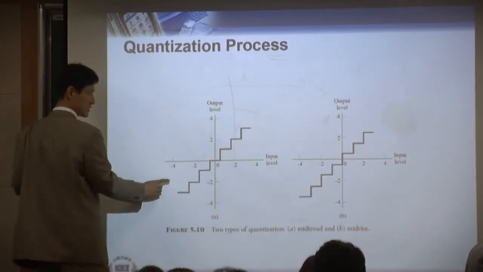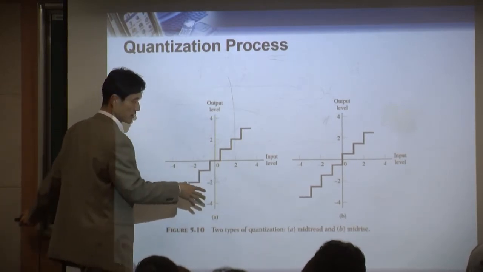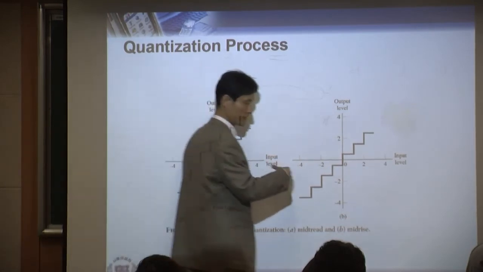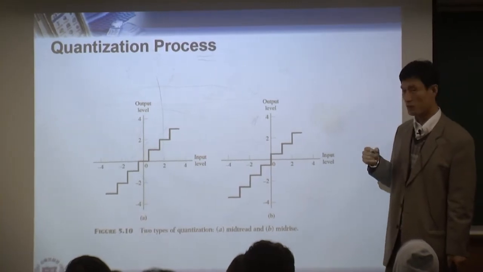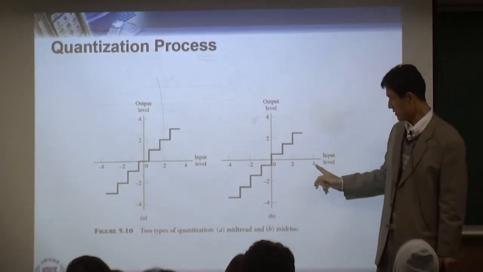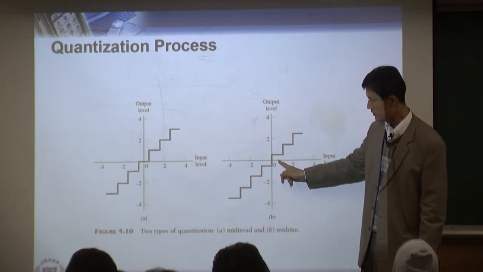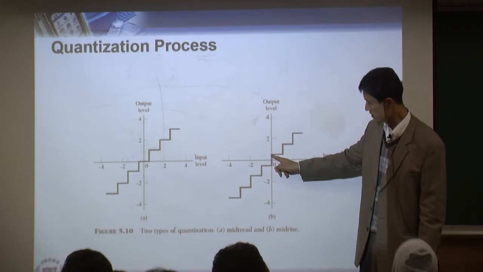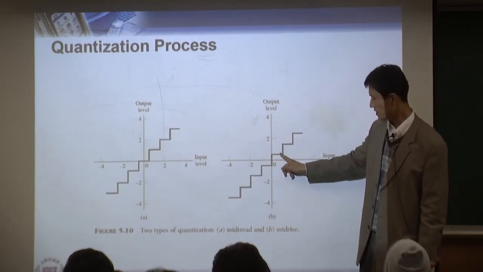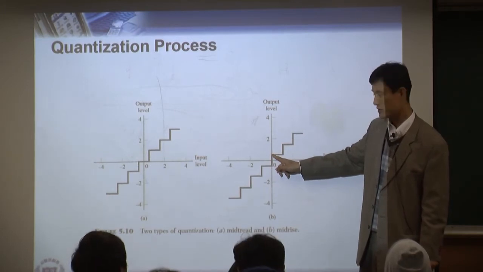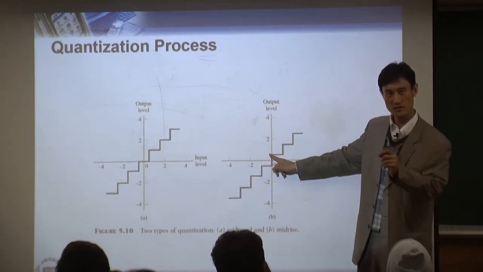How to read this: let's take a look at this one. Let's say our input is 0.5. If our input is 0.5, it's somewhere here, right? Then what's going to be the output? Output is this value. What about 0.6? Still the same value. 0.9, still the same value. Your output is still the same.